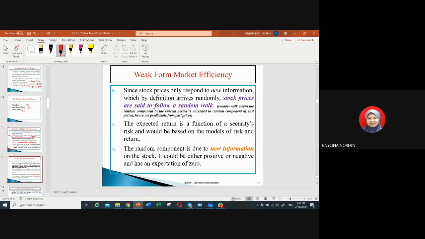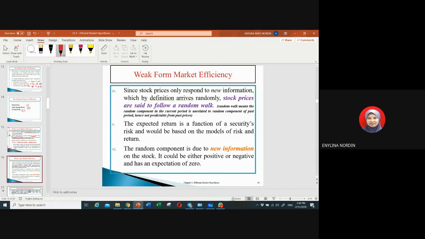So we cannot rely on yesterday's stock price to predict tomorrow's stock price. Let's say yesterday's stock price increased, you cannot say tomorrow's stock price is going to decrease, or vice versa. So that is what we mean by random walk theory.